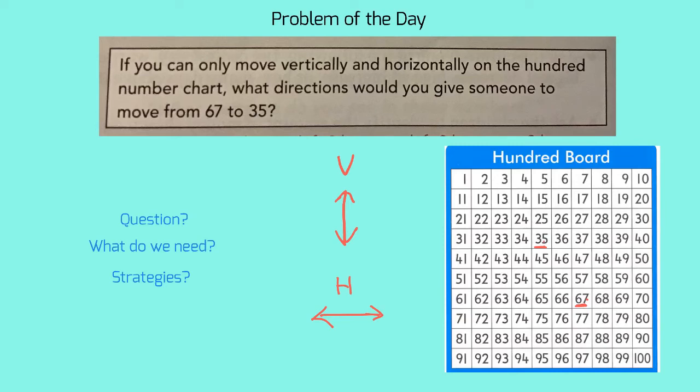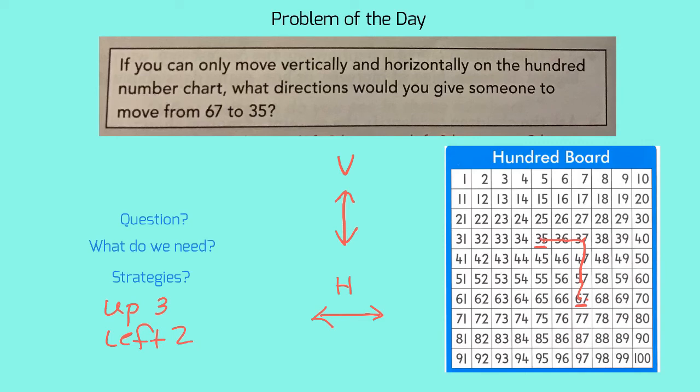Think about that a minute. Get ready. Well, we can start by going up 1, 2, 3, and then to the left 1, 2. So go up 3, left 2.